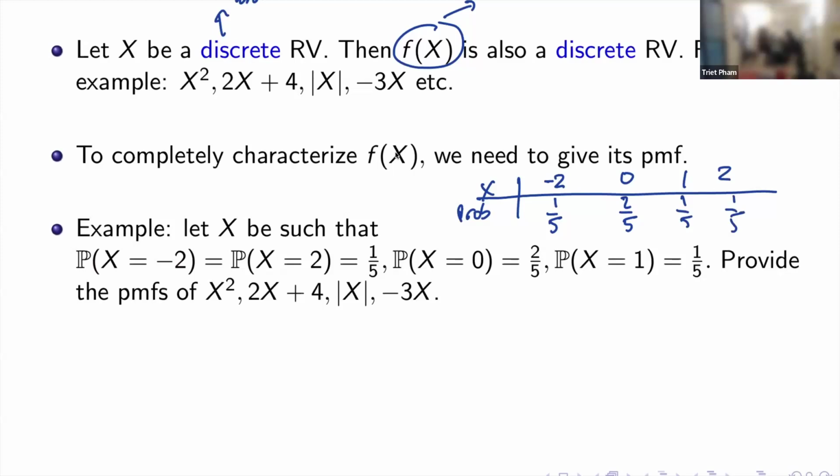And so from here, we want to create a table for, let's say, x squared. Okay, so let's see, what values can x squared take as a random variable here from x?